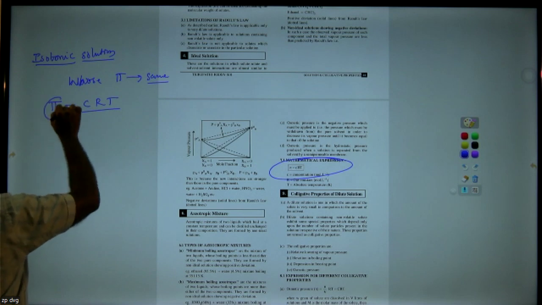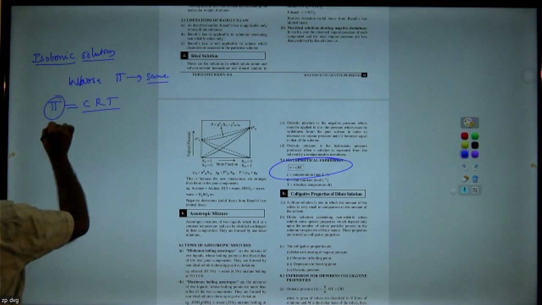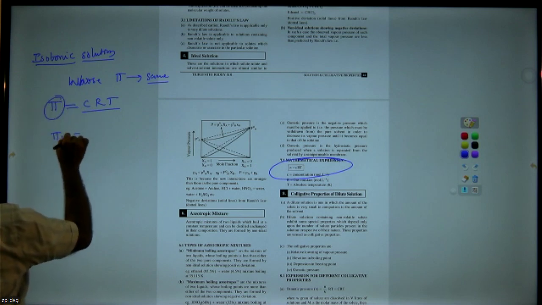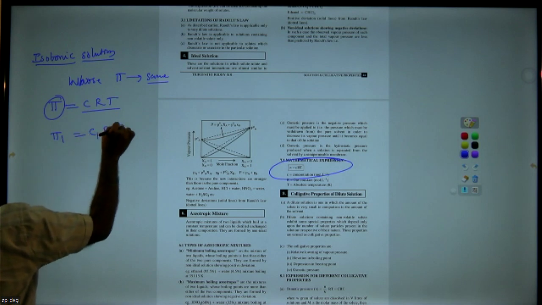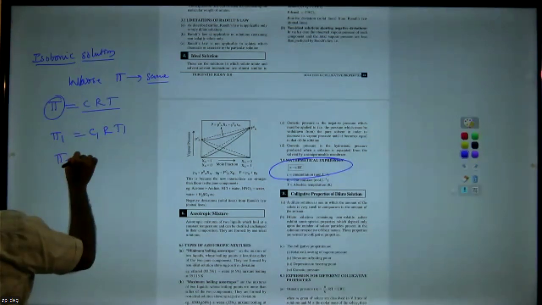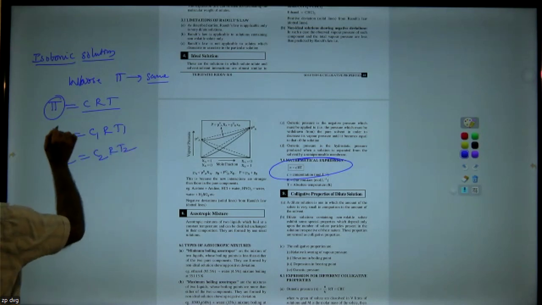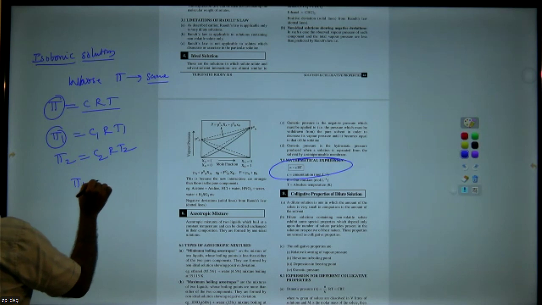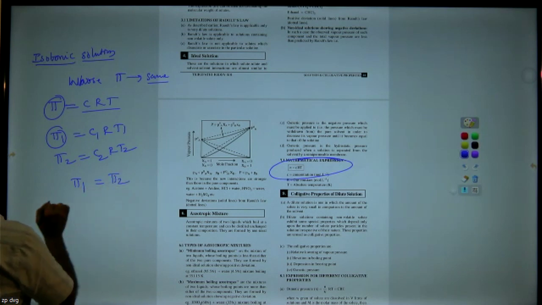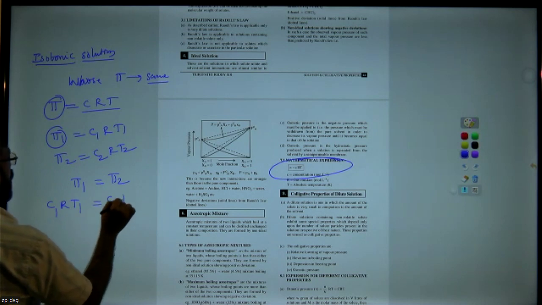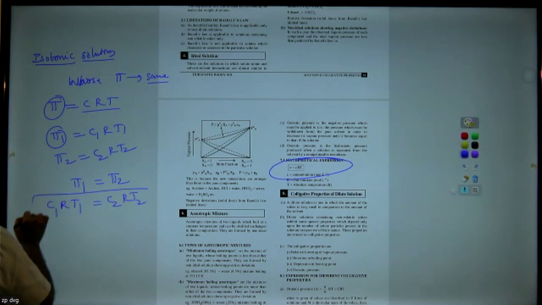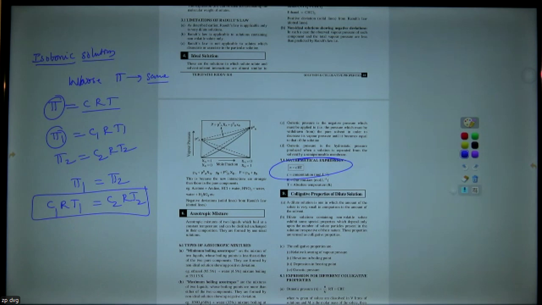Whenever osmotic pressure is the same, we can write pi 1 is equal to C1RT1 and pi 2 is equal to C2RT2. So if pi 1 is equal to pi 2, then C1RT1 is equal to C2RT2. This is the formula.